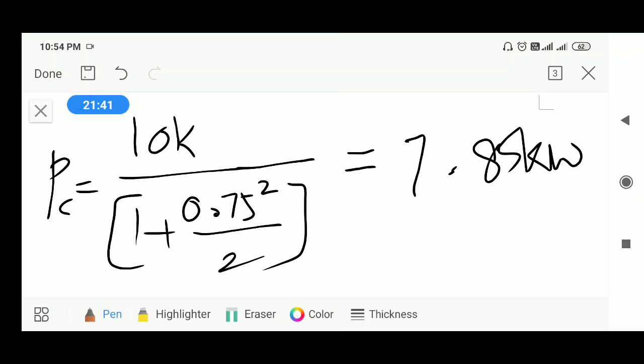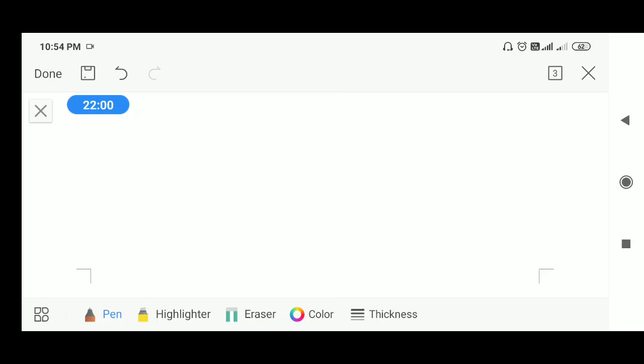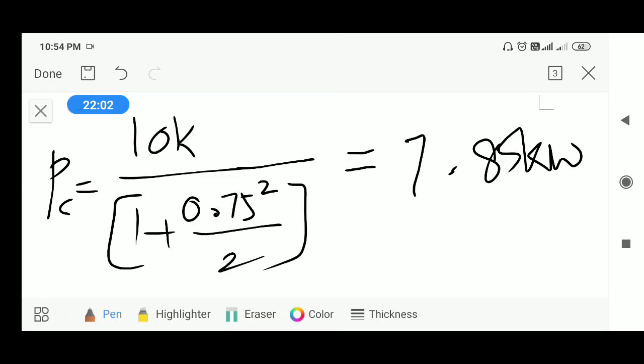So this is the procedure. PT is equal to PC into 1 plus M square by 2. From that, PC is equal to PT by 1 plus M square by 2. And 10K by 1 plus 0.75 square by 2 is equal to 7.85 kilowatts.